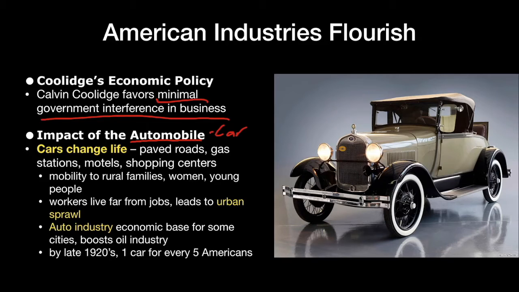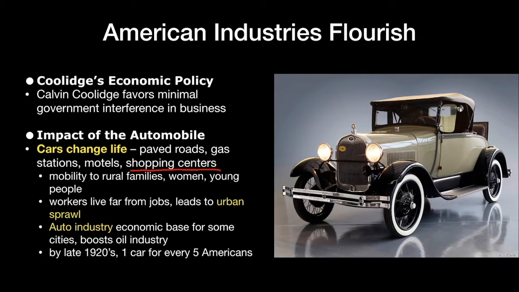So because of cars, we now start to see paved roads. We see gas stations, motels. Okay, so if you guys have ever wondered what the difference was between a hotel and a motel, a motel is a hotel that you can park right next to your room. We see shopping centers pop up as well.